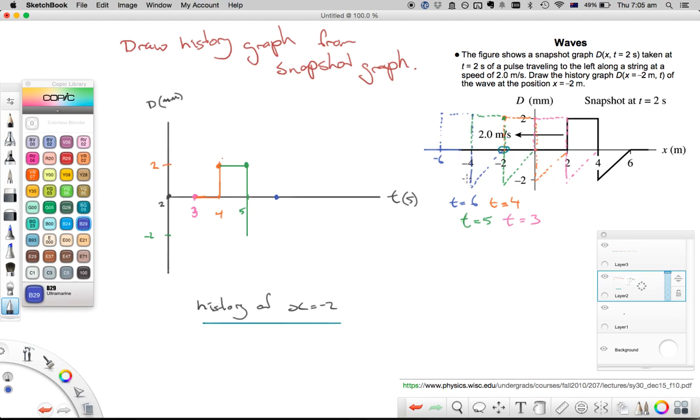So what's happened to our particle at the position x equals -2 from t equals 5 seconds to t equals 6 seconds?